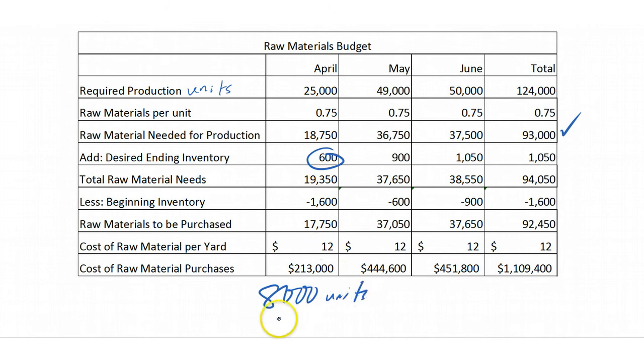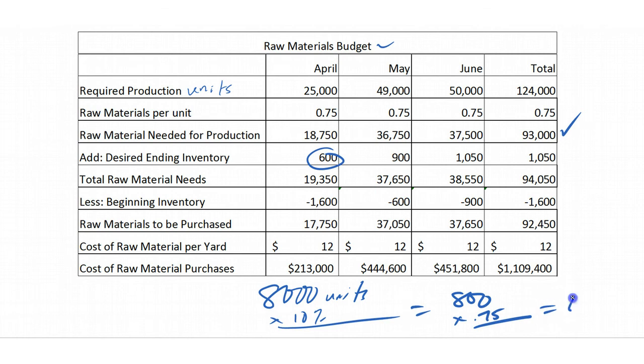We need 10% of that, which is 800. Now, again, that's 800 sales units. So our desired ending inventory for materials should be how much materials does that 800 use? And remember, each one uses 0.75, so that's where I come up with a 600. So that's how you would do it based on this information given.